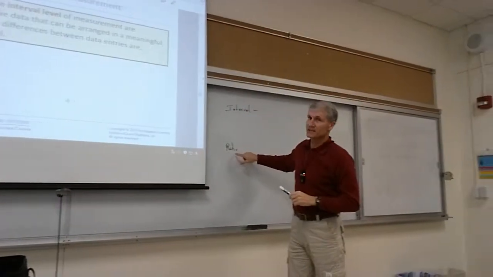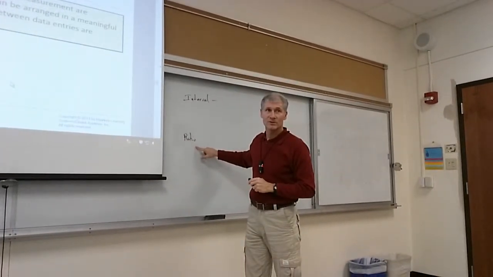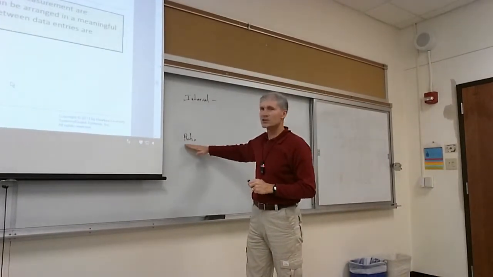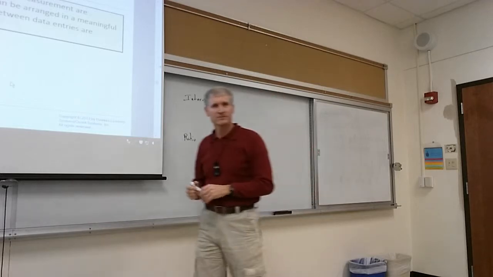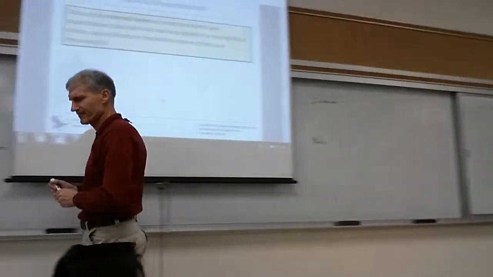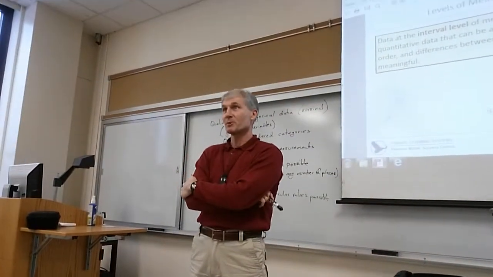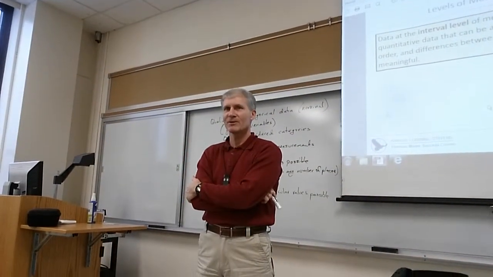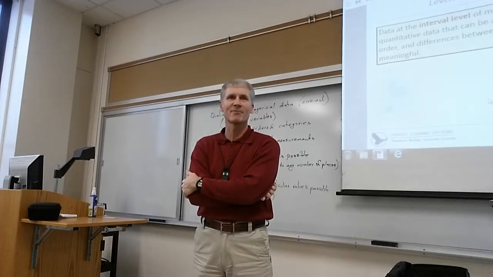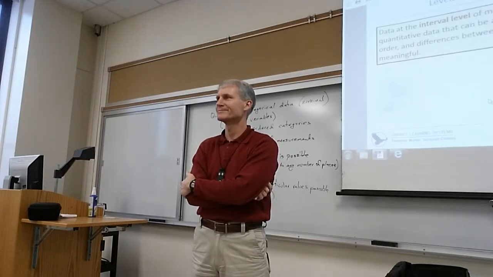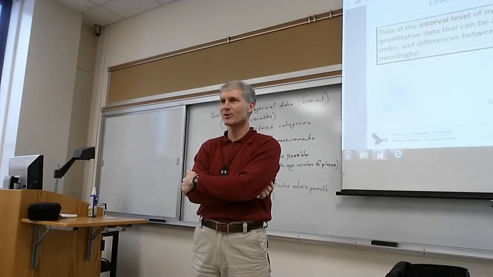So interval, it makes sense to take differences, to make an interval out of those numbers, right? But what it does not make sense to do is take ratios of temperatures. And think about that for a second. I hear people do this a lot. Well, when I got up Sunday morning at my house, it was 1 degree, right? It was 1 degree above zero.